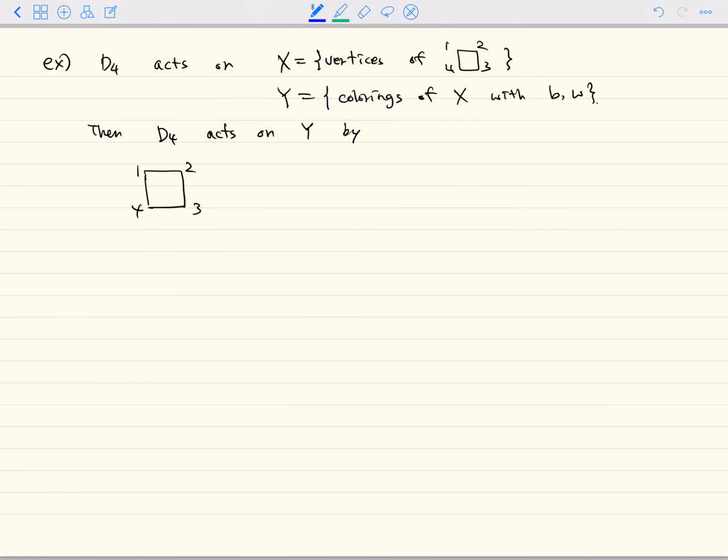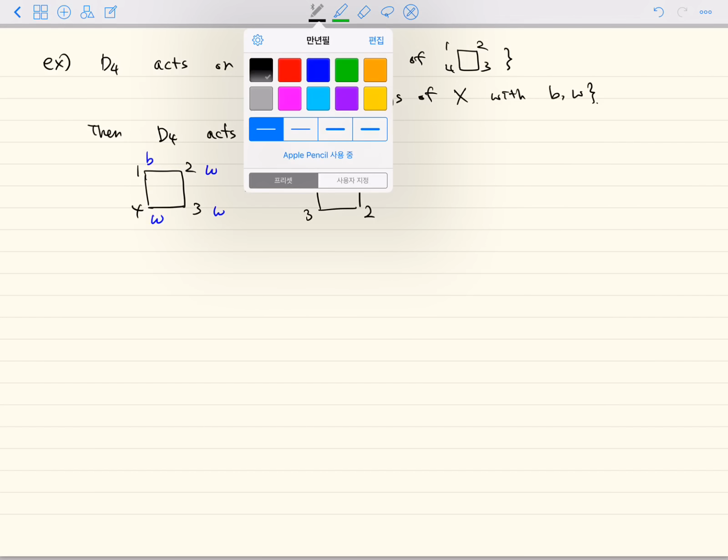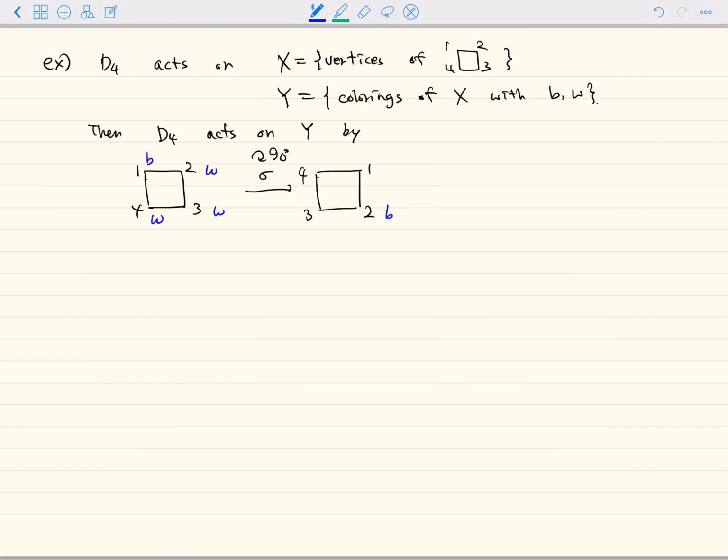Consider one coloring: W, W, W, and B. And if you do a 90-degree counterclockwise or clockwise rotation, then we have B, W, W, W. Okay. So what does the coloring correspond to here?